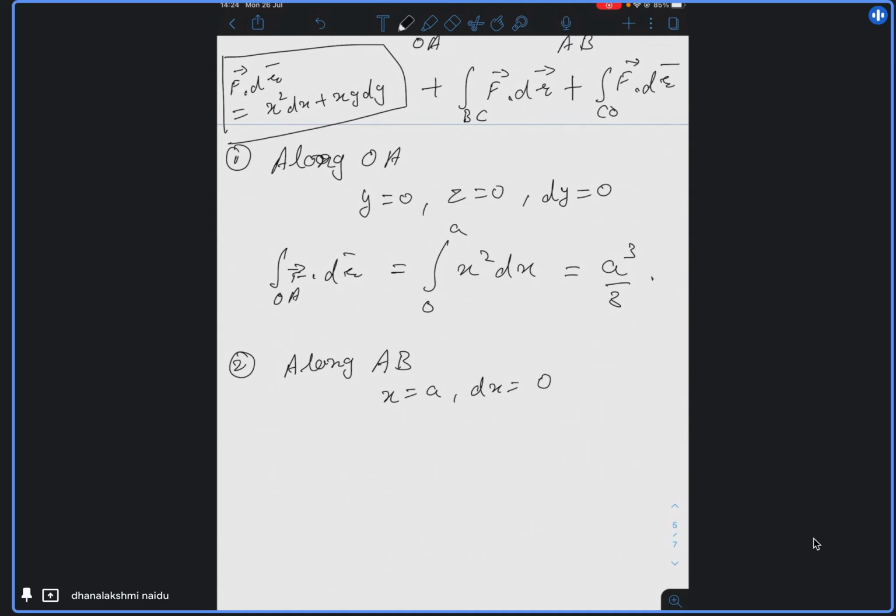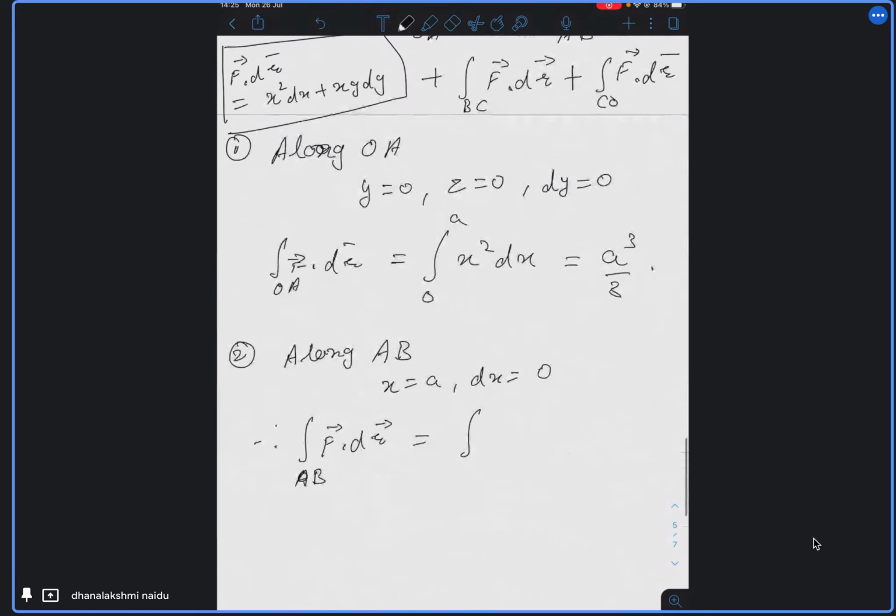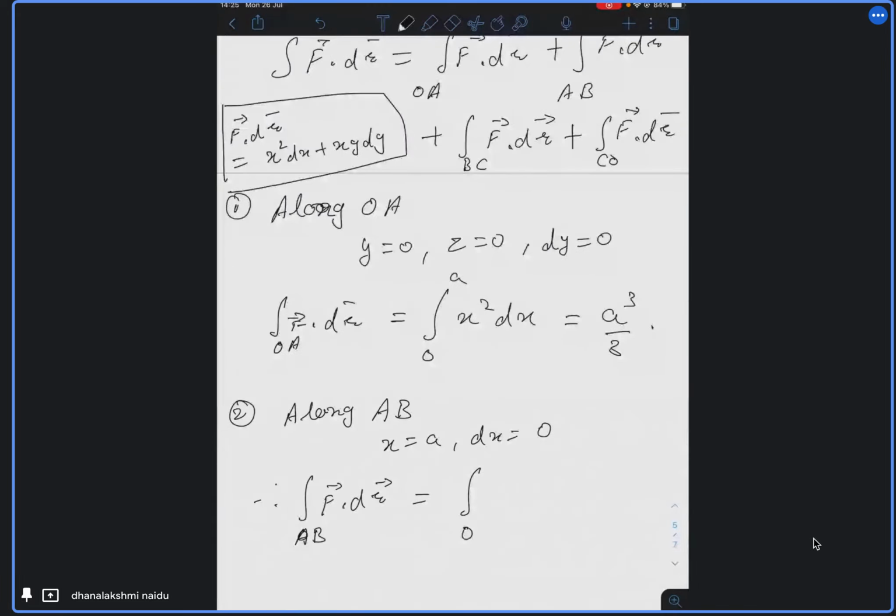So therefore the line integral along AB of f bar dot dr bar will be equal to the limits of y, from 0 to a. X square is a square, but dx is 0, plus again you have xy, so ay dy you will get.